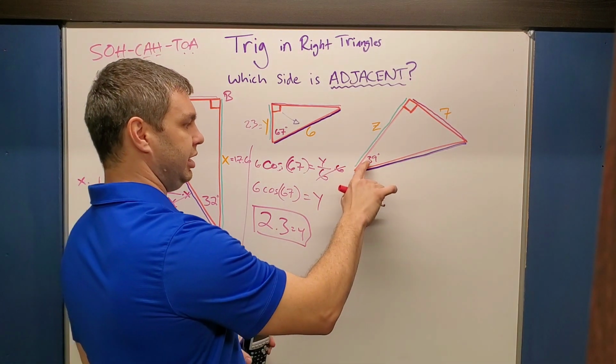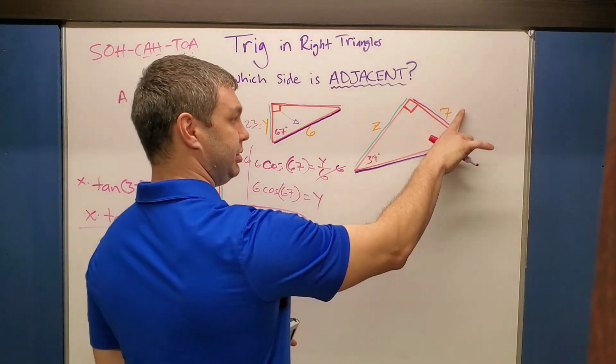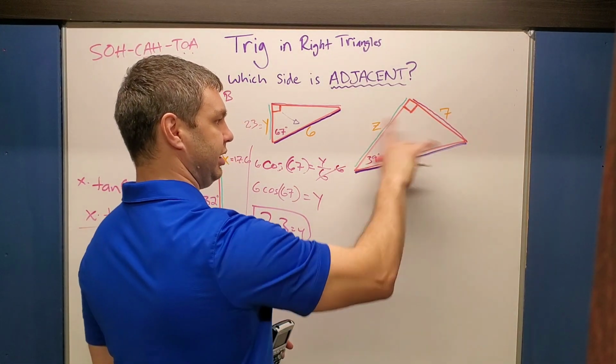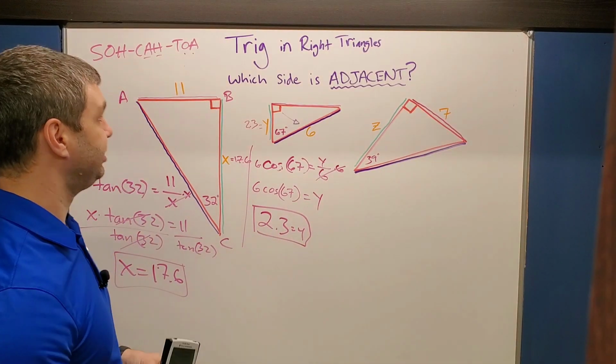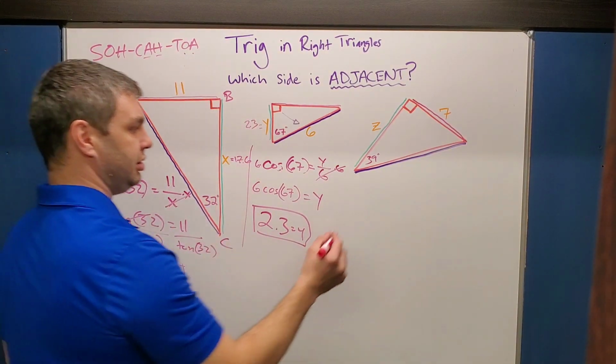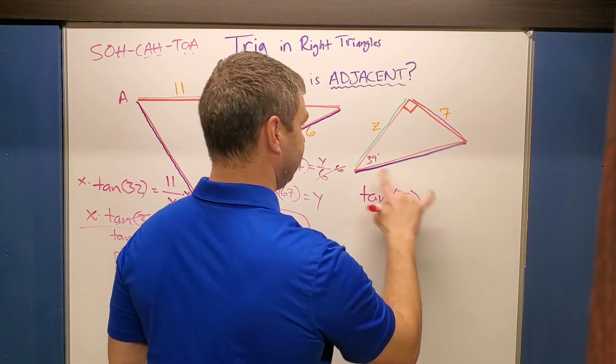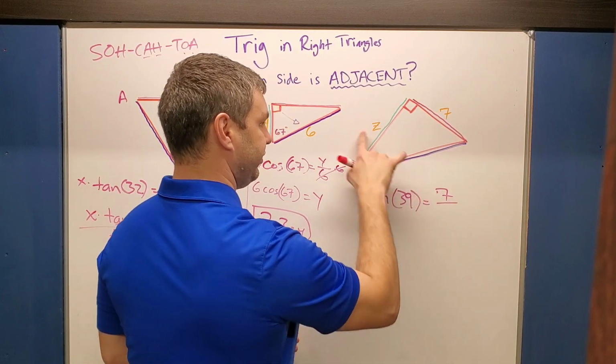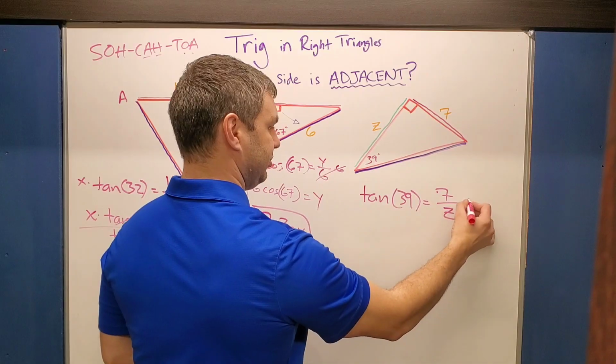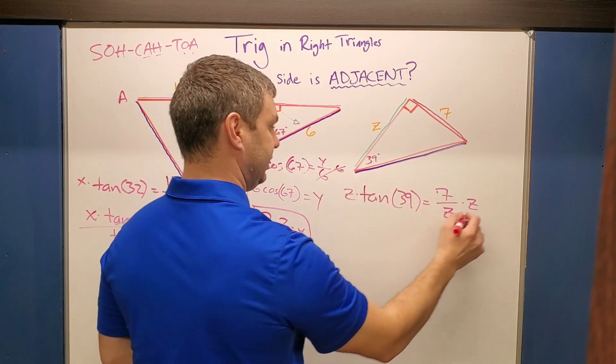All right, last one. Compared to my 39, I have the opposite and I have the adjacent. Again, I highlighted those earlier for you. Opposite and adjacent, again, is our tangent. We'll go a little faster on this one. Say tangent of 39 equals the opposite 7 over the adjacent Z. Always multiply by the denominator, which is Z here.